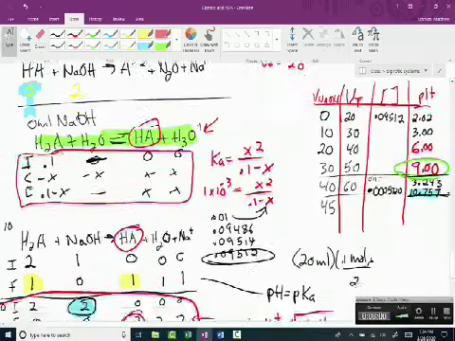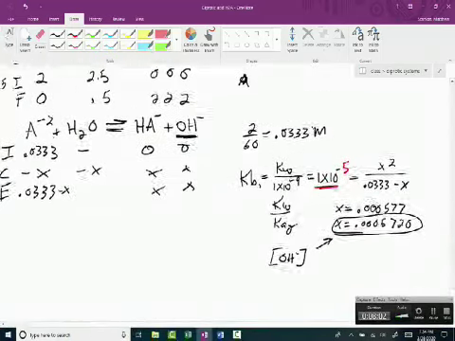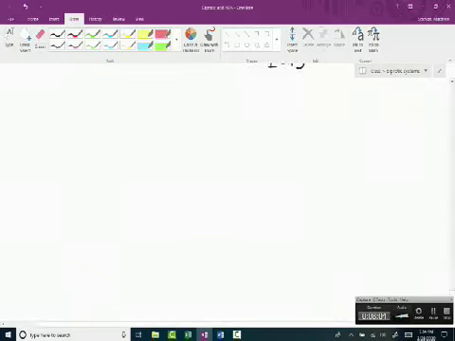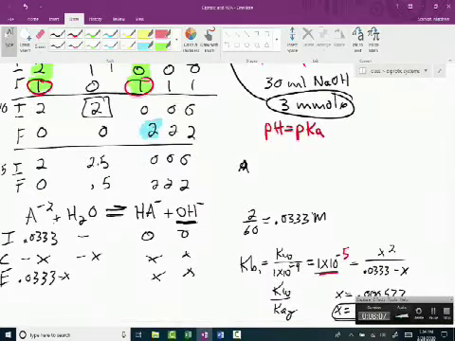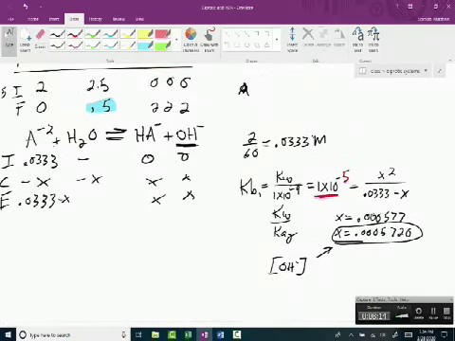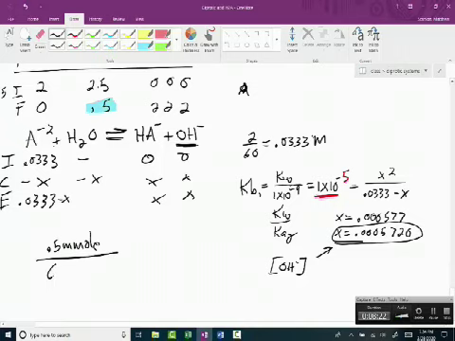And now I have to do the very last point, which is probably one of the easier ones. Here it is. I have 0.5 millimoles of sodium hydroxide, and so I just go 0.5 millimoles of sodium hydroxide divided by 65 milliliters, and that gives me 0.007692, and so the pH is 11.88.